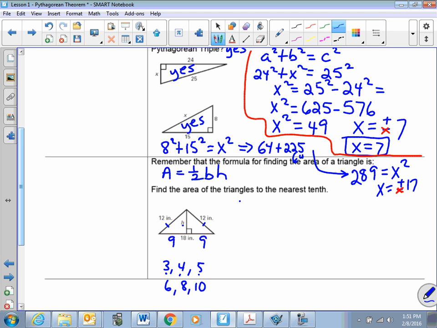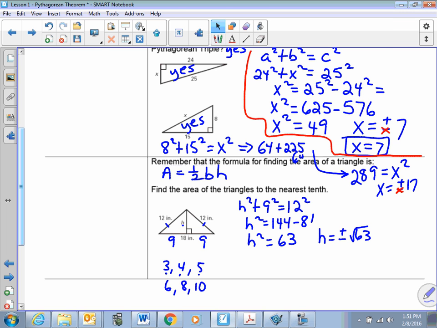So I know that h squared plus 9 squared equals 12 squared. So h squared is 144 minus 81. So h squared is going to be 63. So h is plus or minus the square root of 63.